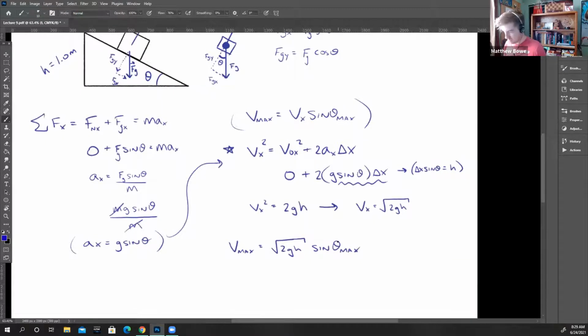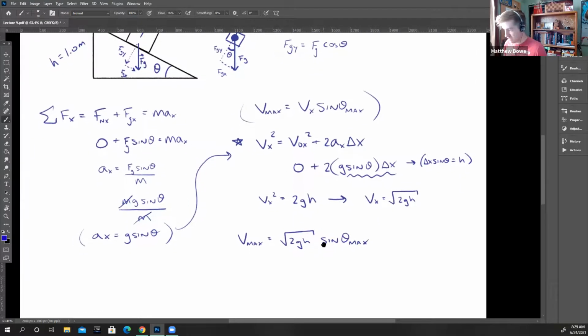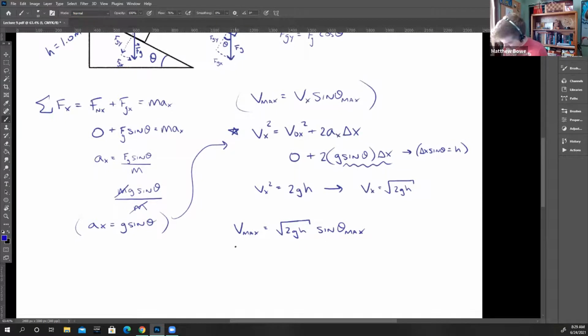After inputting the values, I'll do the whole thing. So we'll go 2.5 meters per second equals the square root of 2 times 9.8 meters per second squared times 1.0 meters, all of this times sine of some angle.